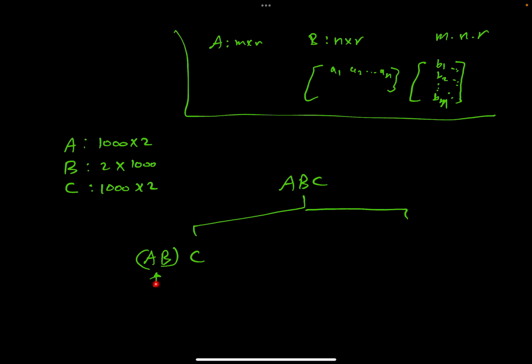So therefore, AB will cost how much? 1000 by 2 by 1000, which is 2 million. Why did I say 4 million? 1000 by 2 by 1000 is 2 million.